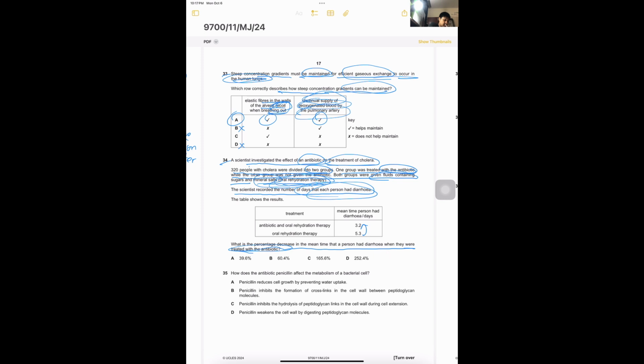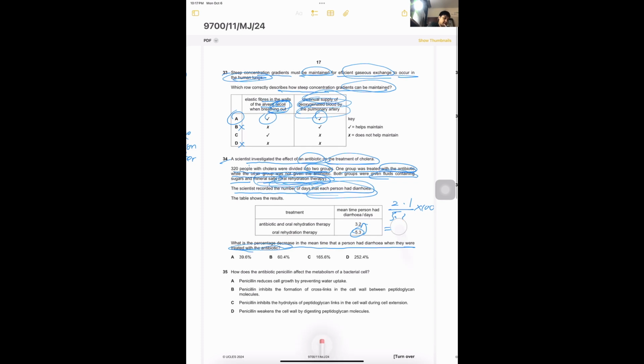The decrease is 2.1, and the initial was 5.3, and multiply that by 100. So 2.1 divided by 5.3 times 100 gives you 39.6 as per the calculator. Answer is A.